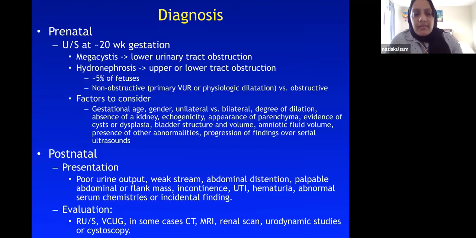So after discussing all these defects, ultimately the most important thing for you to know is standard practice right now with prenatal diagnosis. Most pregnant women have one sonogram at the time of confirmation of pregnancy, and the second is done around 20 weeks, and this is basically called an anatomy scan. And as you know, kidney development starts early on.